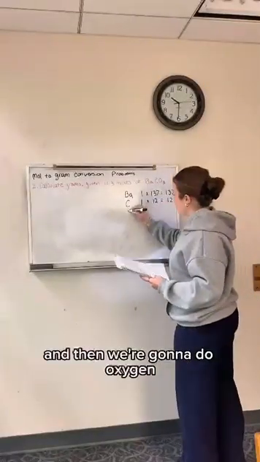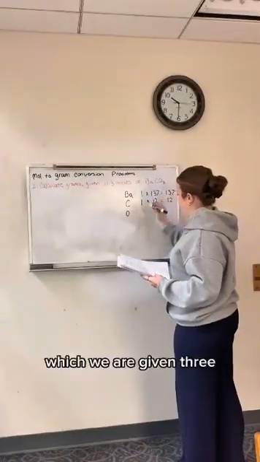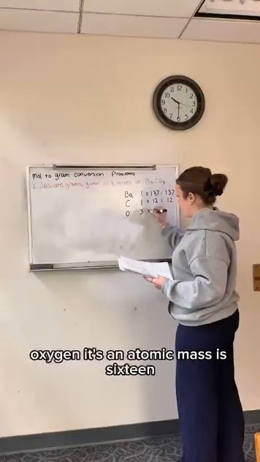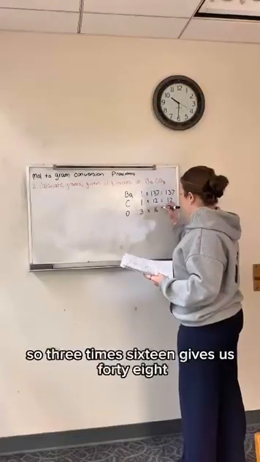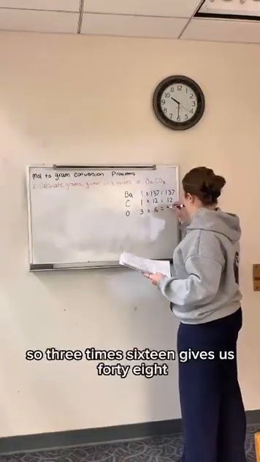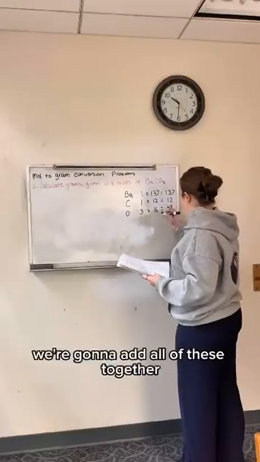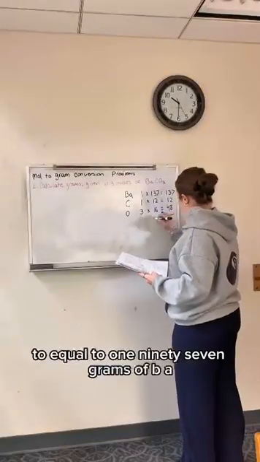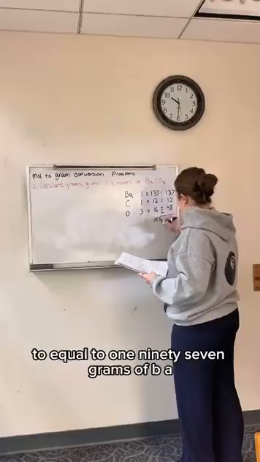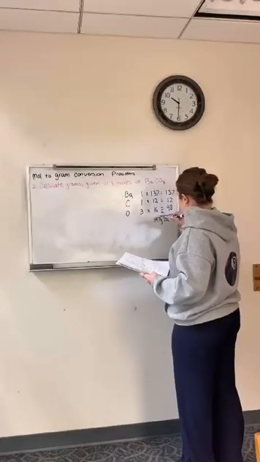And then we're going to do oxygen, which we are given 3 oxygen. Its atomic mass is 16. So 3 times 16 gives us 48. We're going to add all of these together to equal 197 grams of BaCO3.